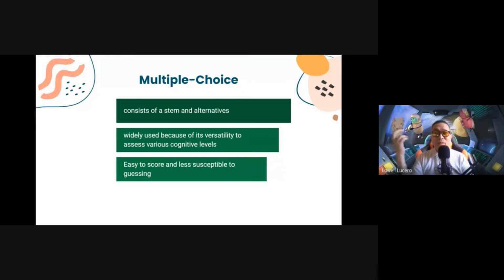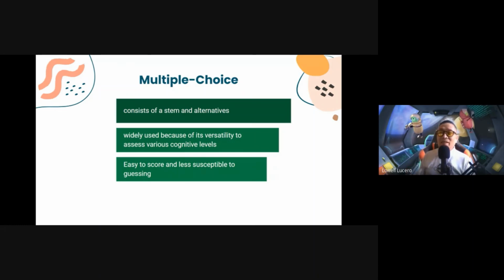It should be greater than 2, because with only 2 it becomes binary. Ideally, the practical number is 4 or 5 options. In the board exam, I think it's 5 alternatives. One is the key answer; the other options are distractors.